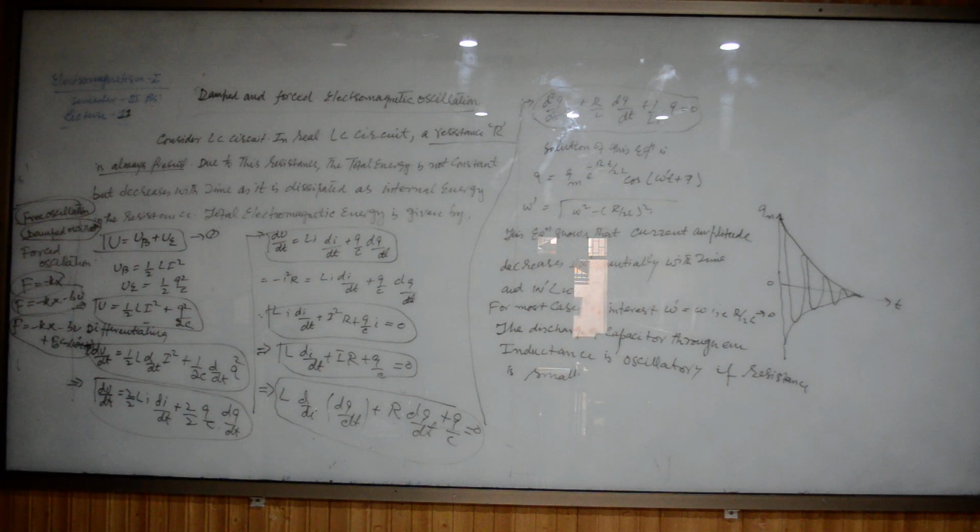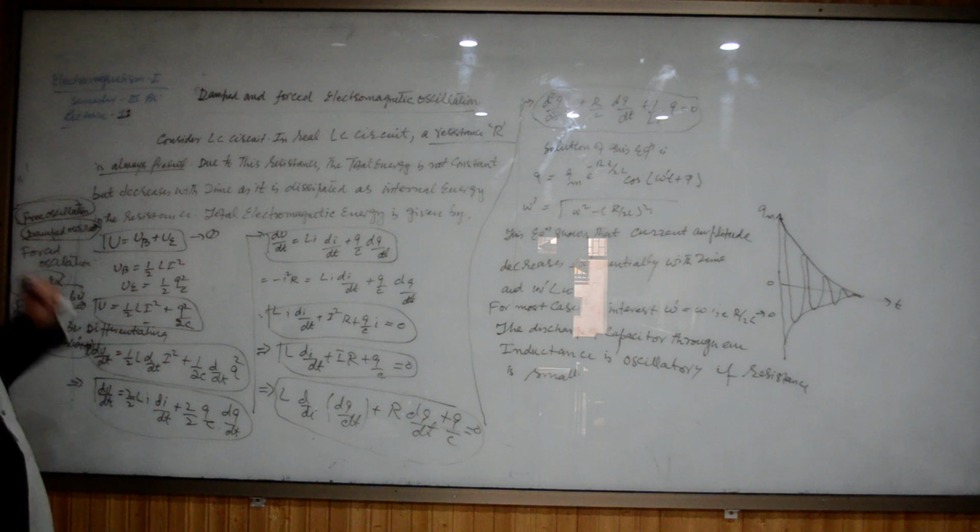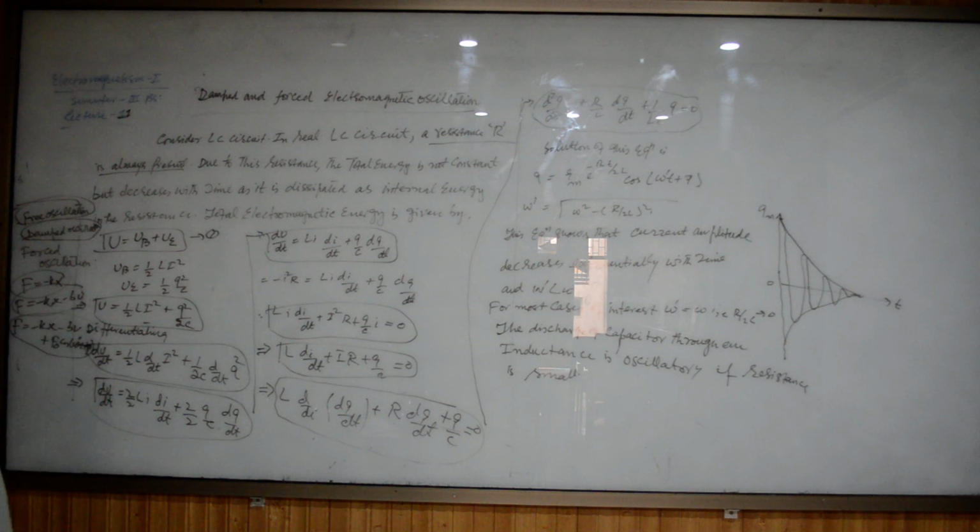In the last topic you have seen that the total amount of energy was constant. But in this case, as there is a resistance in the circuit, some amount of energy of the charges, or free electrons, is spent due to the resistance. So the total amount of energy in this case is not constant.